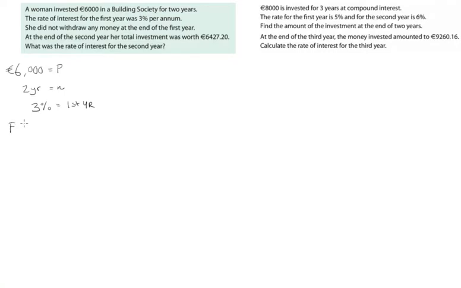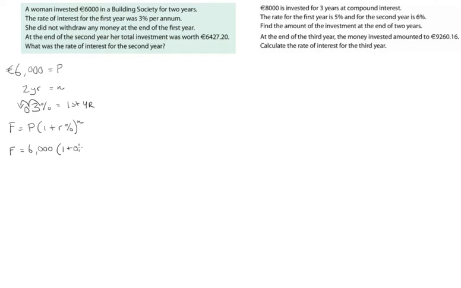Okay, F equals P, and it's 1 plus the rate of interest, and N, the number of years. So final amount, we don't know yet for the end of the first year, but we know it's 6,000 euros was the principal, and it's 1 plus, now the rate. The rate is 3%, but we have to change it to a decimal, so we move it 2 decimal places like this.